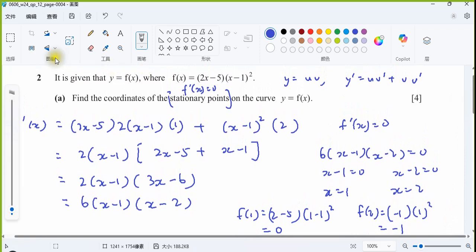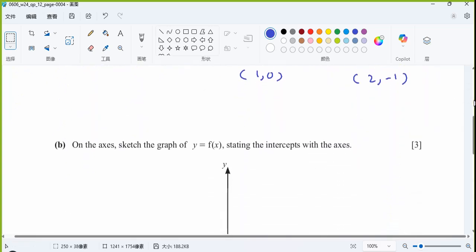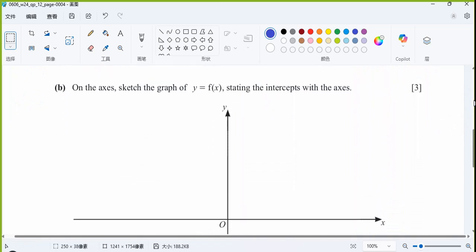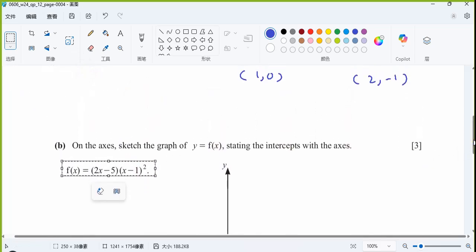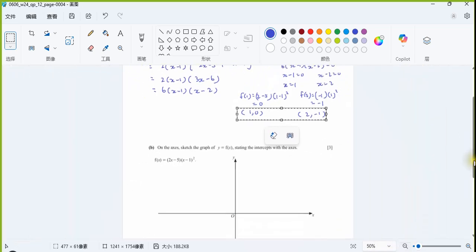So f(x) is this. Okay, and we have the (1, 0) and this. So on this axis, we need to sketch the graph, and at the same time we have to state the intercepts.